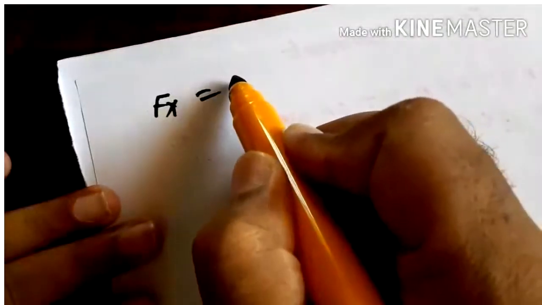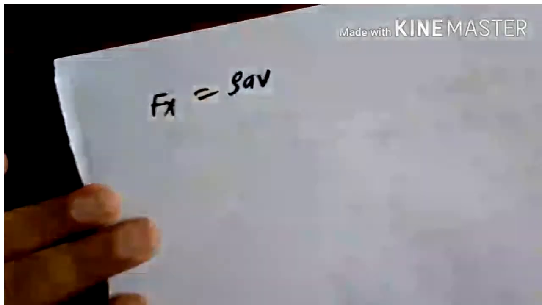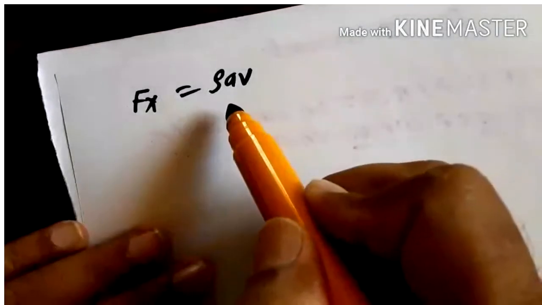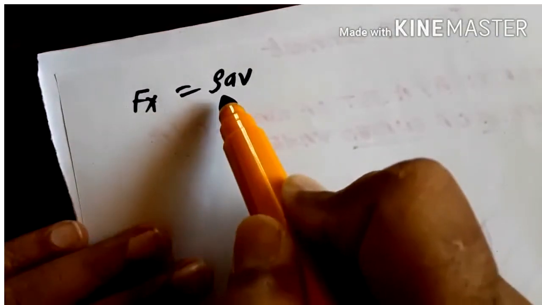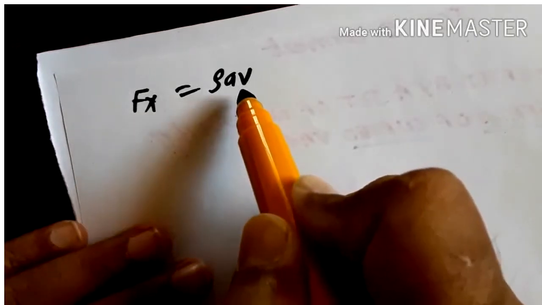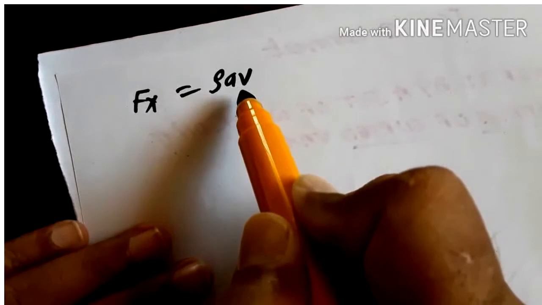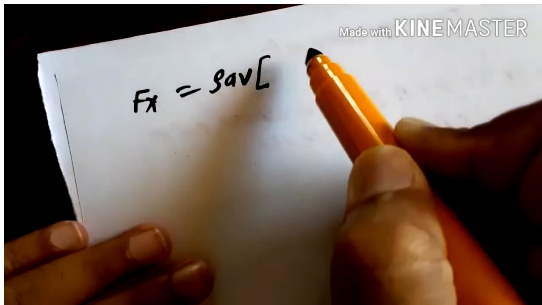So further, if we solve, Fx equals mass per second, which is rho A V. Remember, in a series of vanes we have to take rho A V, but if it is a single vane we take the relative velocity there. Here you have to take the absolute velocity, rho A V, into bracket.